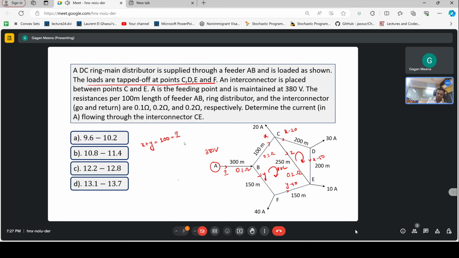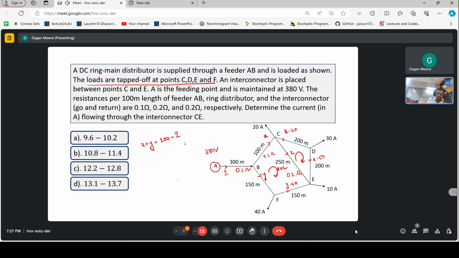So this is 0.2, 0.2, 0.2. X plus 2.5 Z is equal to 3Y minus 60.